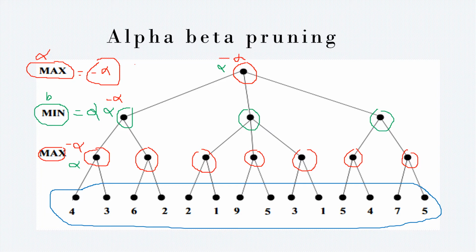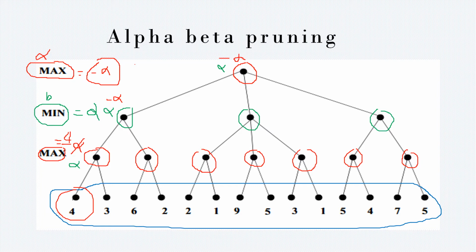Now it will search these nodes, so it will search this node. The value at this node is equal to 4, and Max will compare this value 4 with the value which Max has already, which is minus infinity. So 4 is greater than minus infinity, so Max will adopt 4 here.